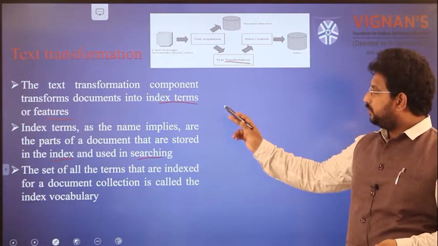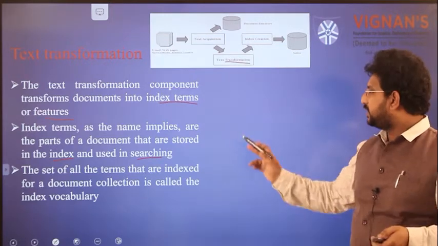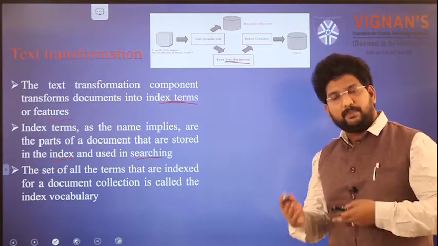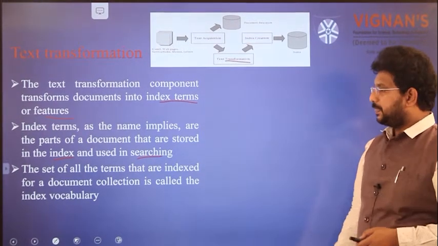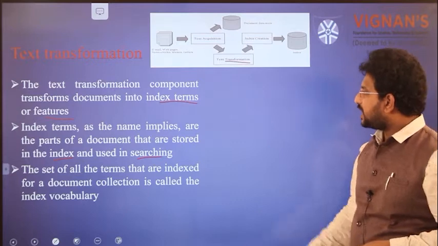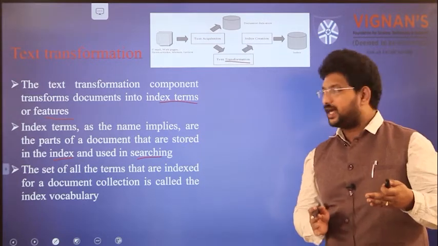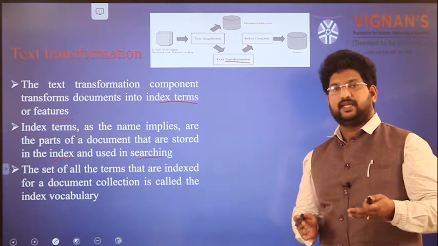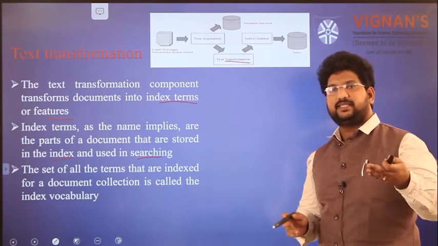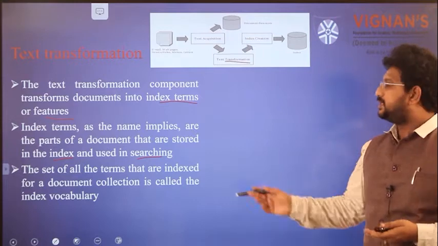Index terms, as the name implies, are the parts of the documents that are stored in the index and used in the searching. So it is going to identify the index terms and they will be used in the searching.